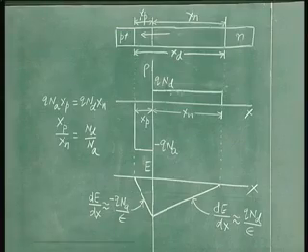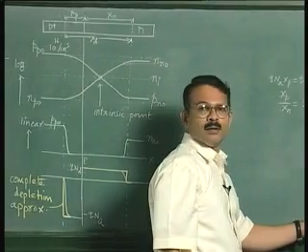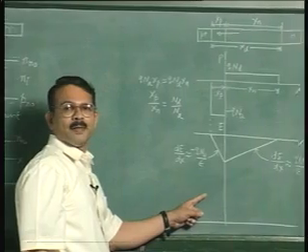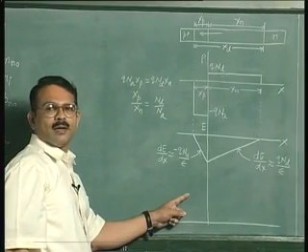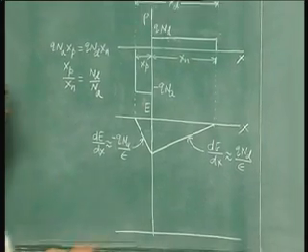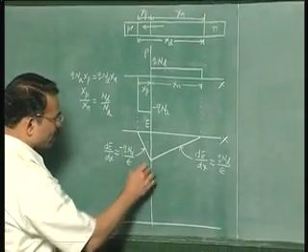Okay, now returning to this picture of the electric field, we can now sketch the potential variation based on this. The potential variation will be the integral of the electric field.